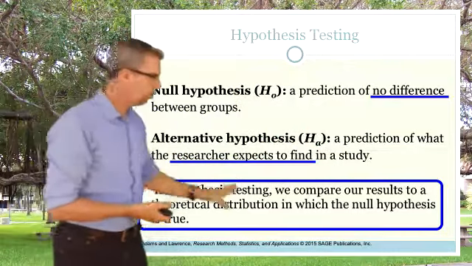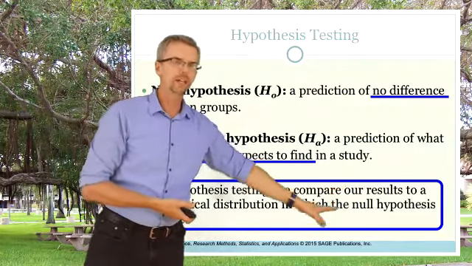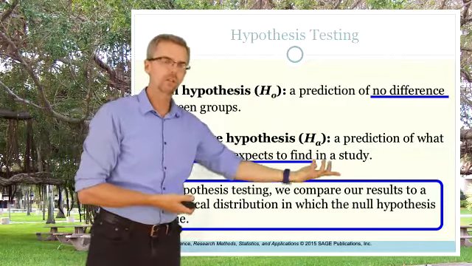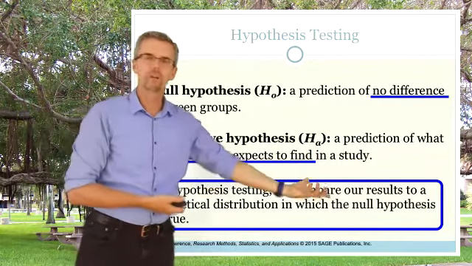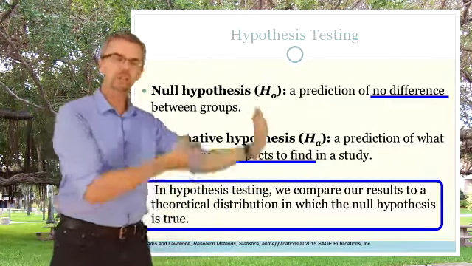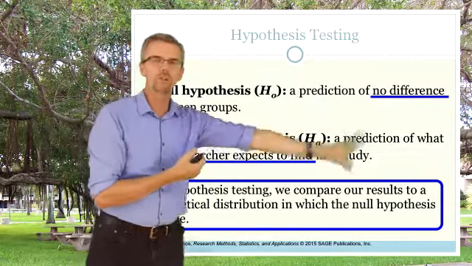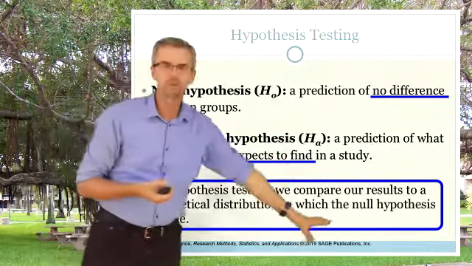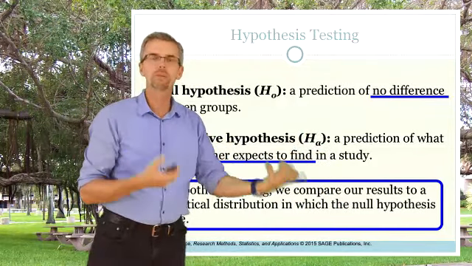So you want to word your null hypothesis in such a way that it is likely going to be true. That way, if your alternative hypothesis becomes true, then you have knocked out your null hypothesis. In other words, if you set up this straw man and your alternative hypothesis turns out to be true, then you've knocked over the straw man, and what you set up as your null hypothesis has been shown to be wrong.